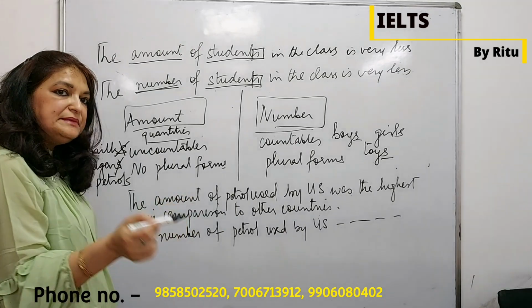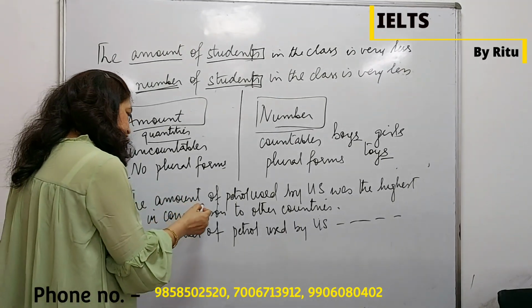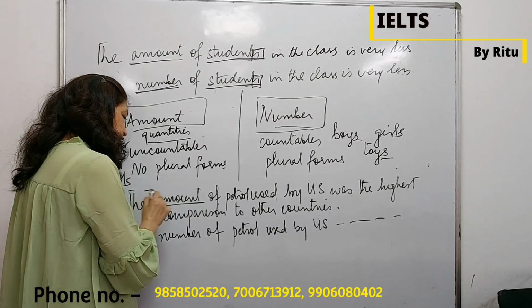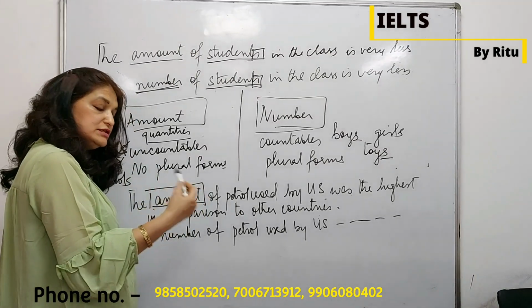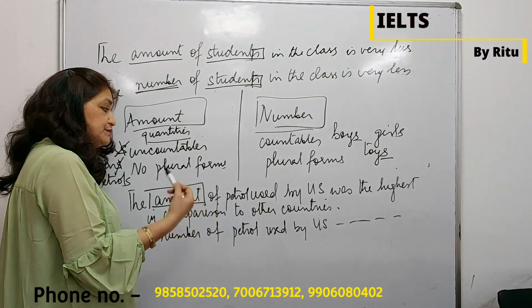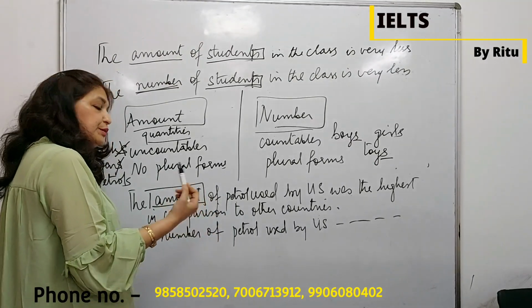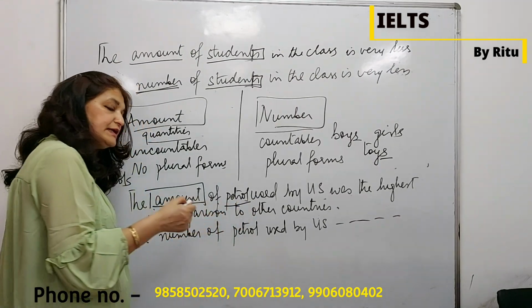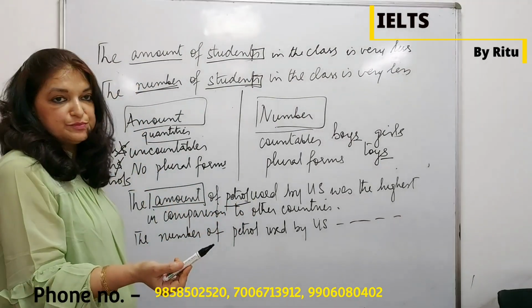Now we'll take an example of sentences where we have the word amount. There are some sentences in our task 1s where we can only use the word amount, where we cannot use number. So what can be those situations? In those situations, definitely the data is talking about something which is uncountable.